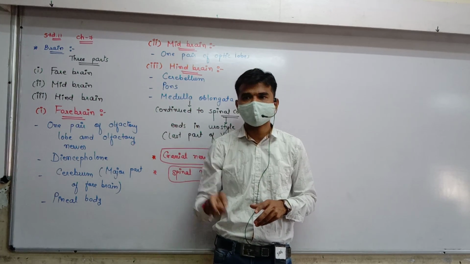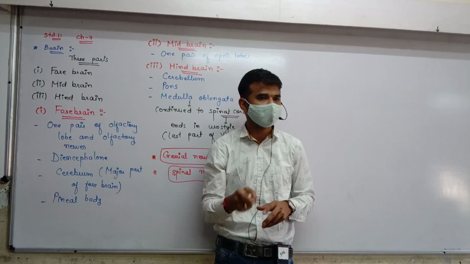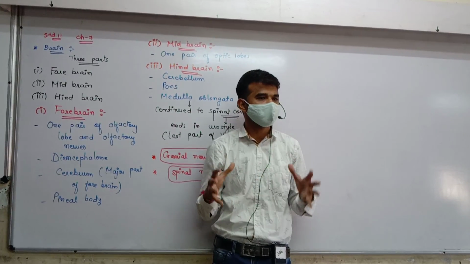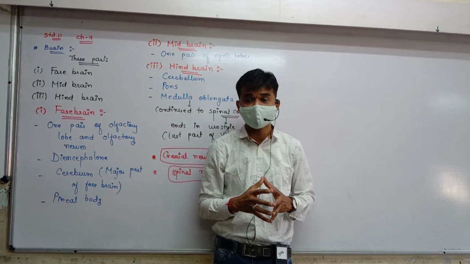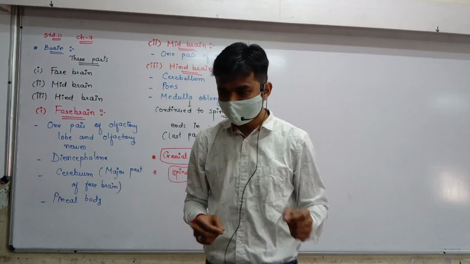The common pathway from the middle ear to the pharynx is known as Eustachian tube or Eustachian canal. Okay, I can write that word.